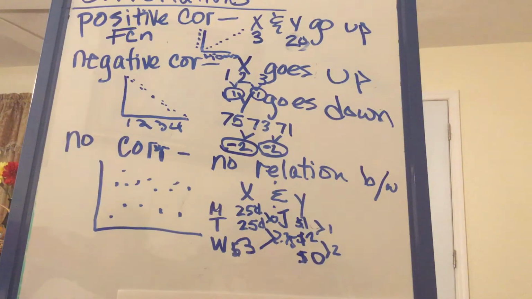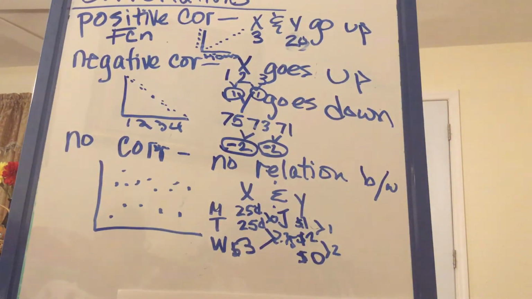All right. So the non-correlation is when X has nothing to do with Y. Like on Monday, Sharon's mom gave her 25 cents. On Tuesday, she gave her another 25 cents. On Wednesday, she gave her $3.